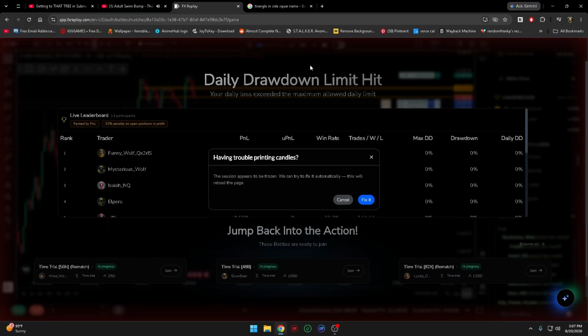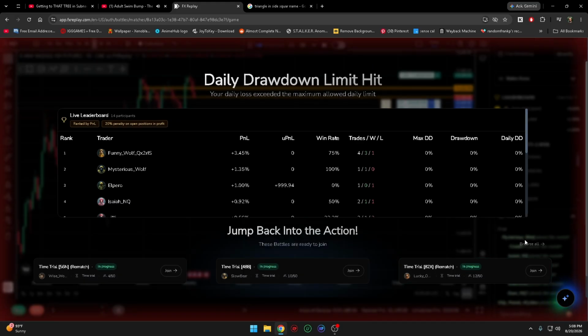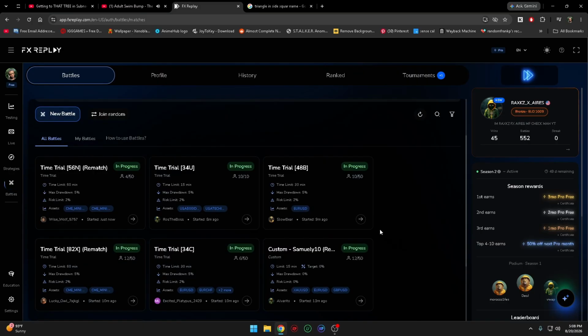So it could be called an impulse candle, but I'm not calling it an impulse candle because the impulse candle has to be the start, which that is, but I don't like the name of it. Simple as that. I don't like the name of it. So I'm not calling it that.